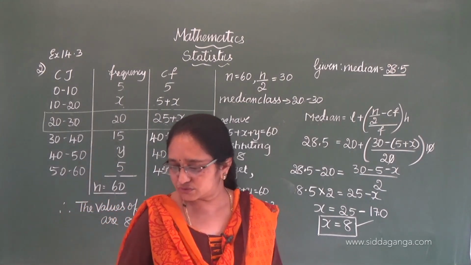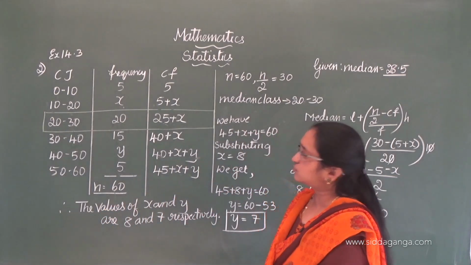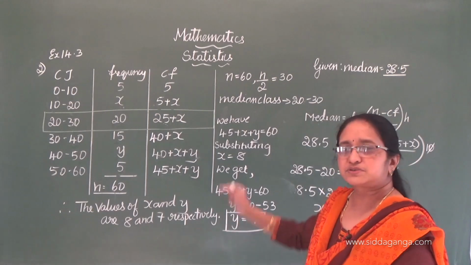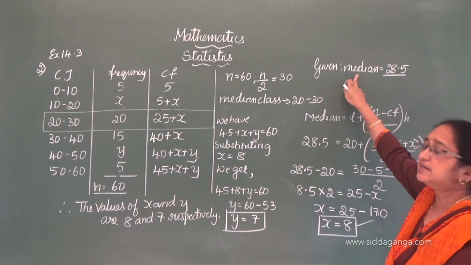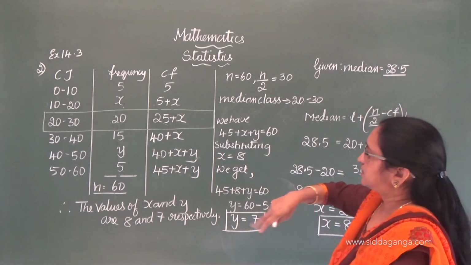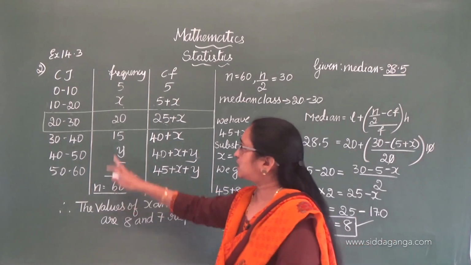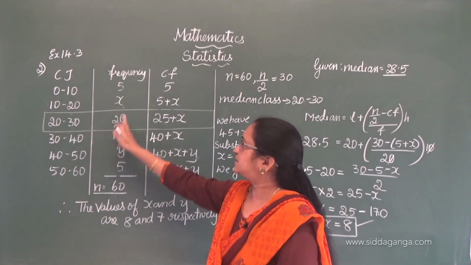Okay. So like this you have to find out the unknown frequency. The procedure is the same, the formulas, everything. Here you have to use this data. Median is given 28.5 and n is also given, because we can't find n here, as unknown frequencies, variables x and y, are there.